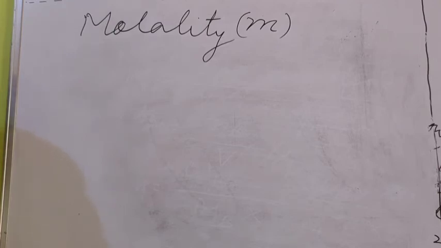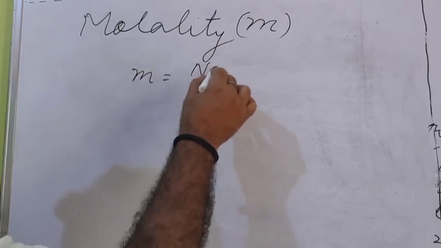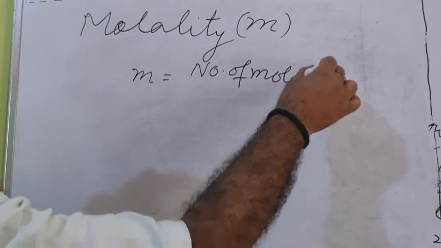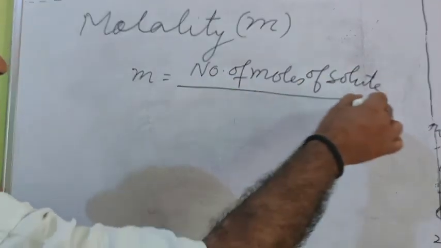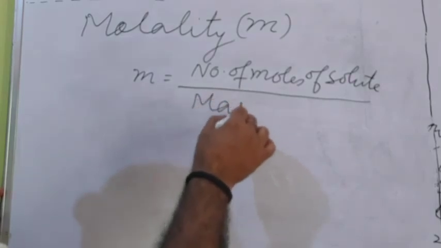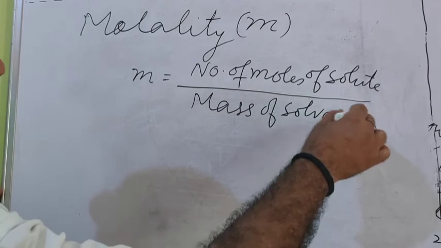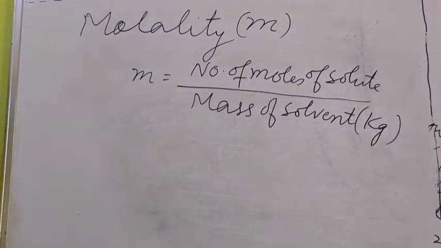Means small m is the number of moles of solute upon mass of solvent in kg, that is the kilogram.